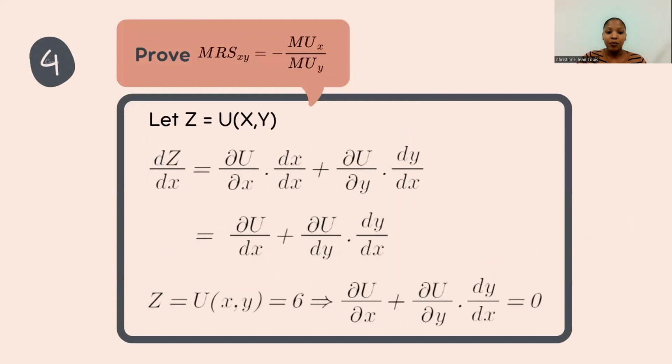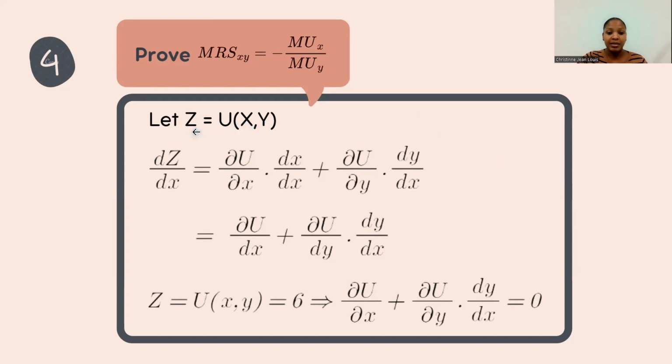Now, we are going to try to prove that MRS, the marginal rate of substitution that we just explained earlier, is equal to the negative of marginal utility of X over marginal utility of Y. To prove that, we are going to use implicit differentiation. How do we use implicit differentiation? We use it to differentiate the z function.